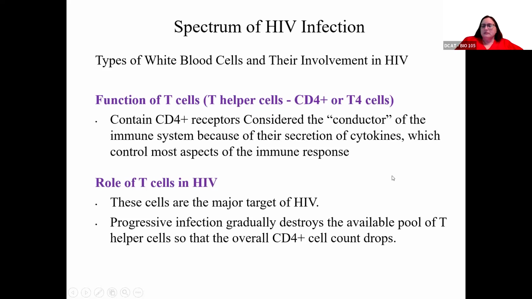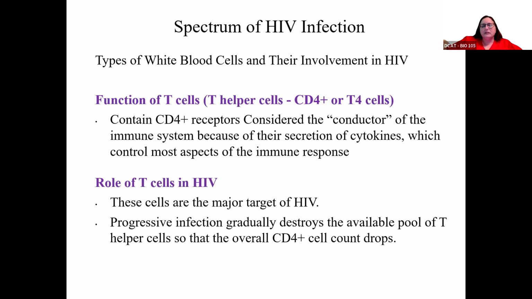So the role of the T cell in HIV. These are the main cells that are targeted in HIV. So remember when we showed that picture just now with the HIV life cycle, we showed that the HIV virus has proteins sticking out of it that specifically connect with that CD4 receptor on that CD4 cell.